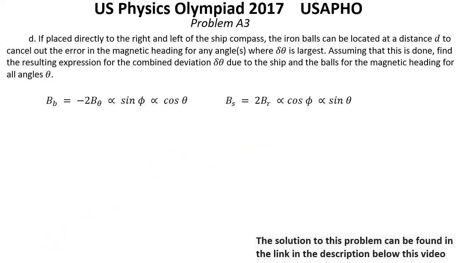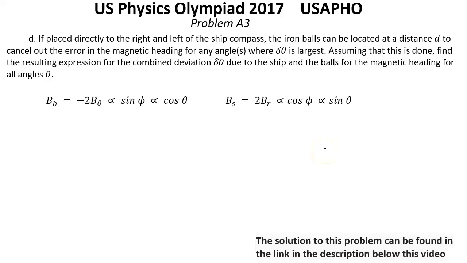There is a component directed toward the bow given by this expression, and a component directed toward the starboard given by this expression, where the factors of 2 are because there are two balls. Note that theta is the ship heading, while phi is the angle between north and the location of the compass relative to one of the balls.